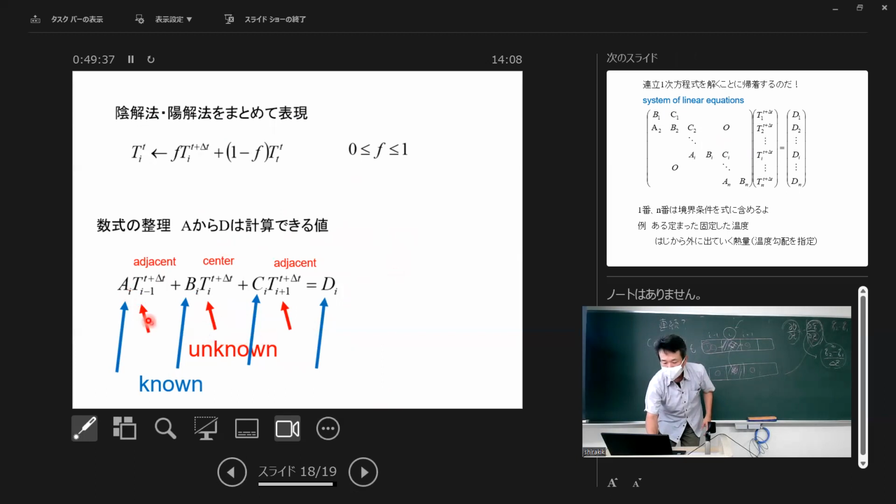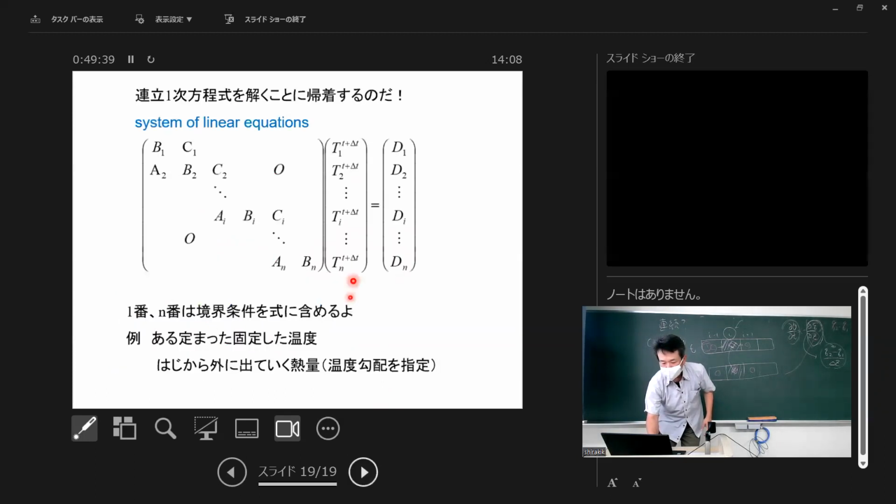So we cannot directly calculate the T plus delta T, but by focusing on this i-th box, we can make one line, and adjacent one, adjacent one, and the boundary one.